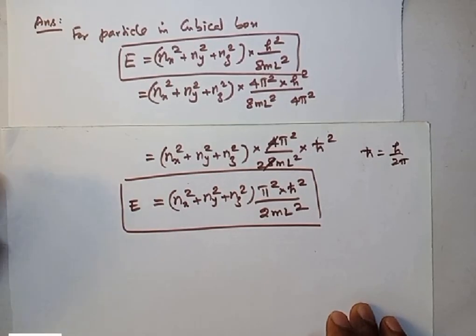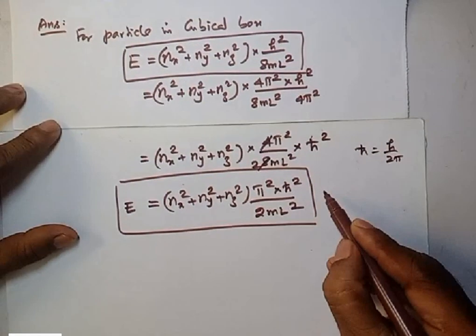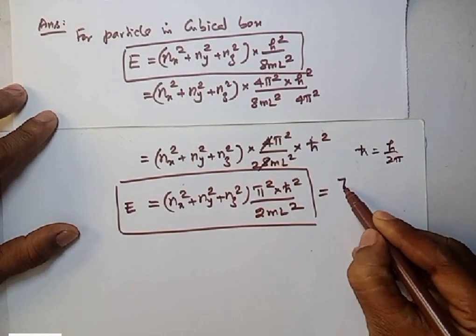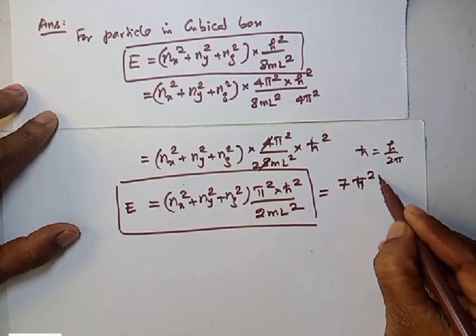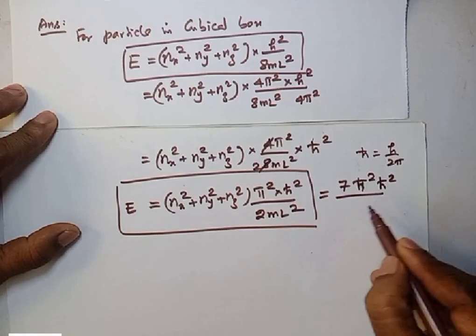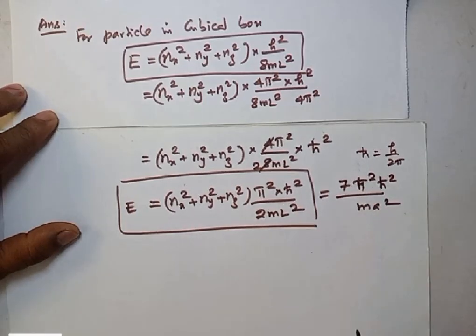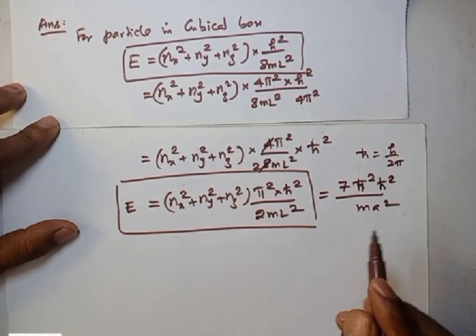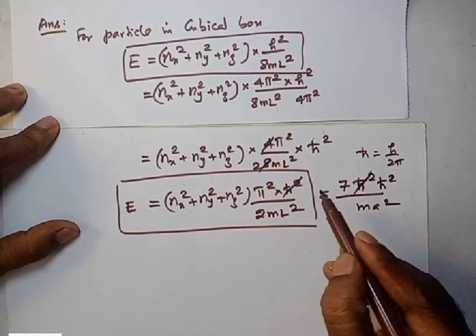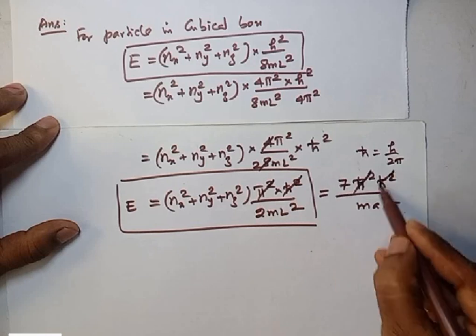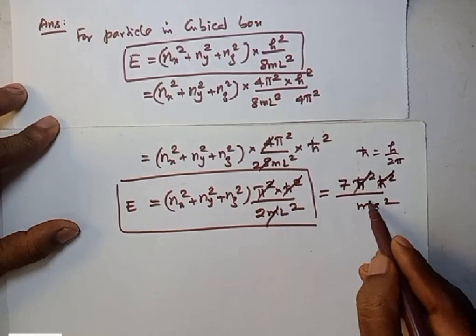Now what we have to do? What is the energy given? The energy given in this problem is 7 pi square h cross square by m a square. Now what to do? Pi square cancel, h cross cancel, m cancel.